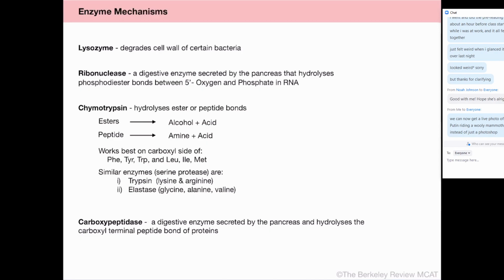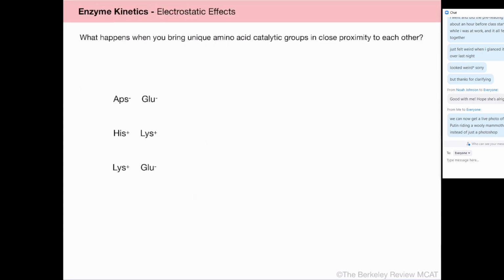So, how does it affect pKa again? Here, let's go back. Right, so let me just write this out. So two negative charges will increase the pKa of the other group, and thereby protonating it.